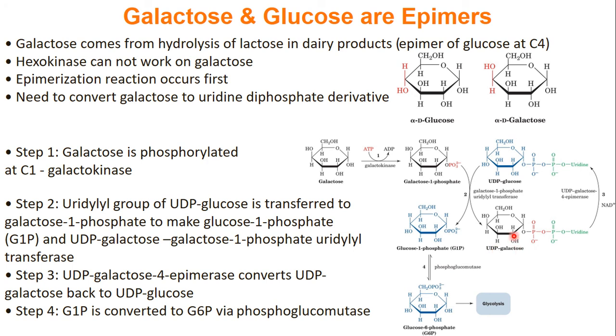Once you're UDP galactose, then it can be turned into UDP glucose. Then that UDP glucose can go to glucose 1-phosphate and glucose 6-phosphate. So it's a little roundabout route for your galactose to go into glycolysis, but it will get there eventually.